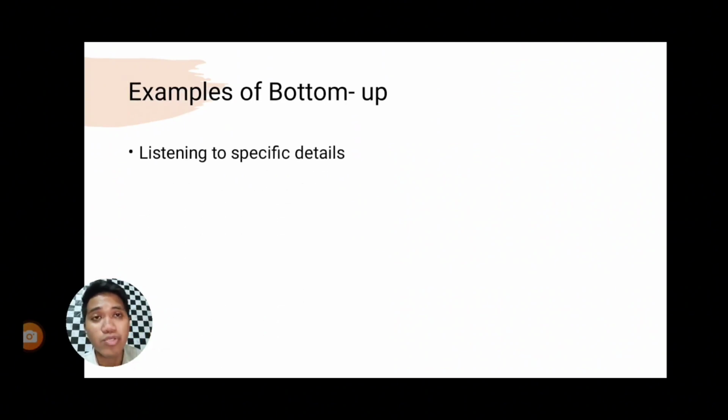Examples of bottom up are listening to specific details. So, when someone is telling you something, you need to get the specific details of that. That is bottom up. Recognizing word order patterns.